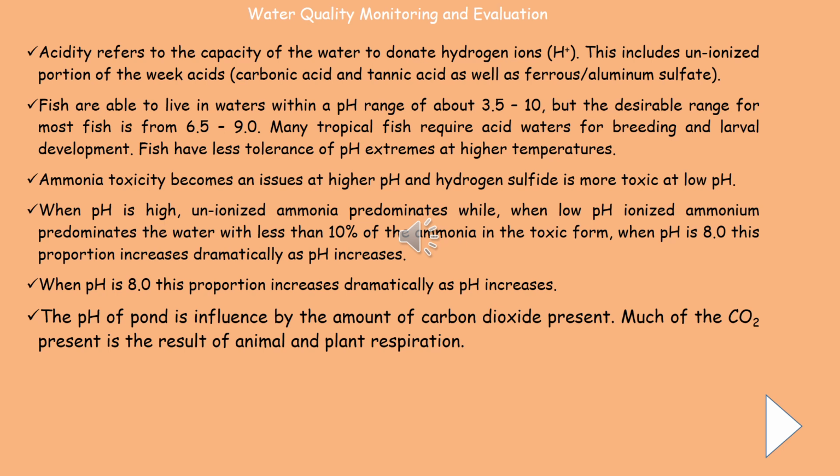The pH of a pond is influenced by the amount of carbon dioxide present. Much of the carbon dioxide present in the water is the result of animal and plant respiration.